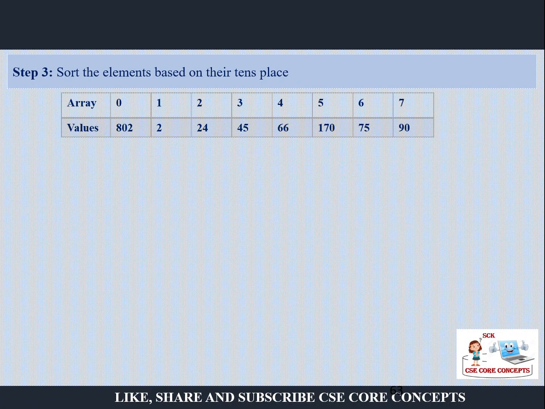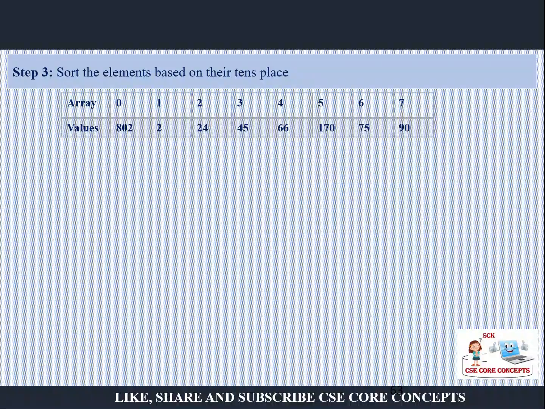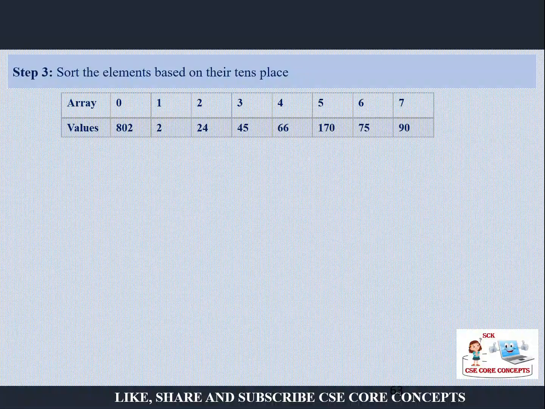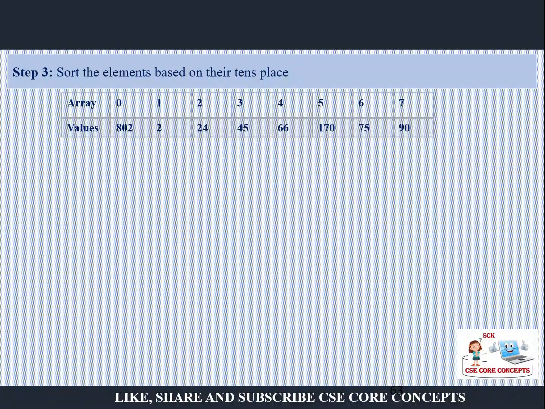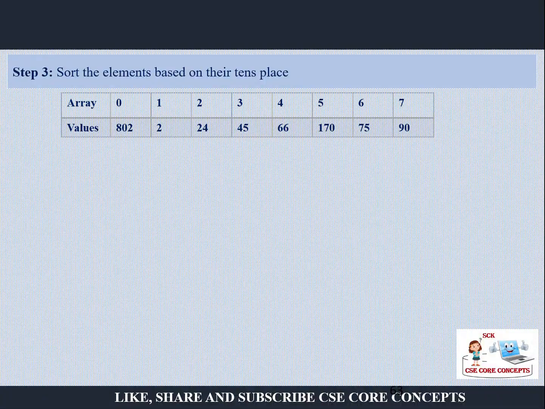Then comes 2: in 24, 2 is at the tens place. In 45, 4 is at the tens place. Why have I considered 2? Because if I write 02, the 0 is the tens place. Then 66, then 7 in 170 and 75, and 9 in 90. So 9 is at the tens place and it is the highest. So I have sorted according to the tens place.